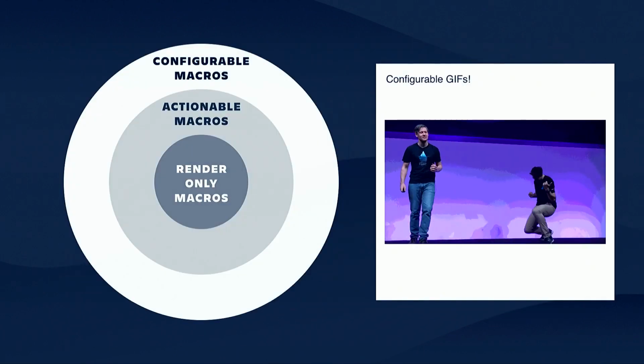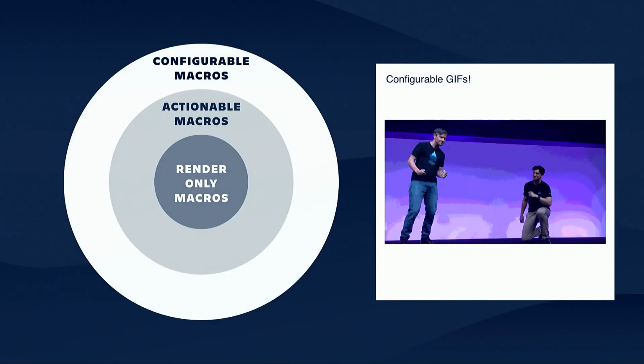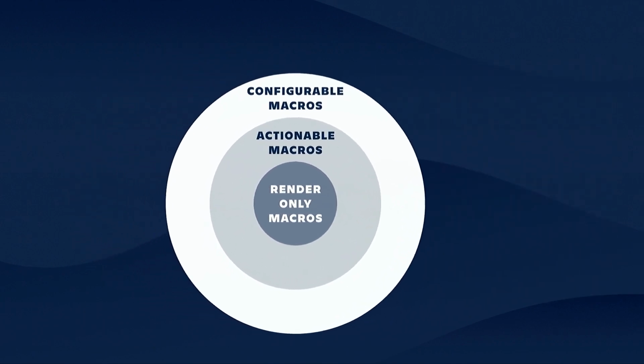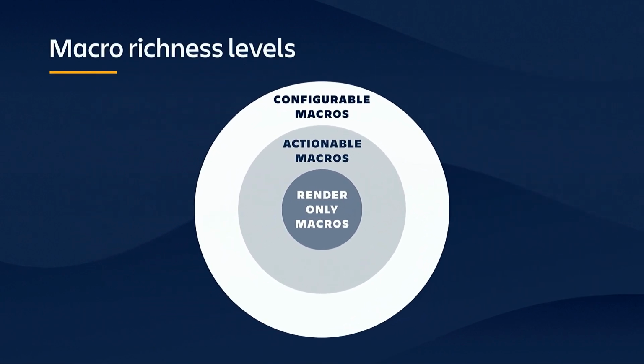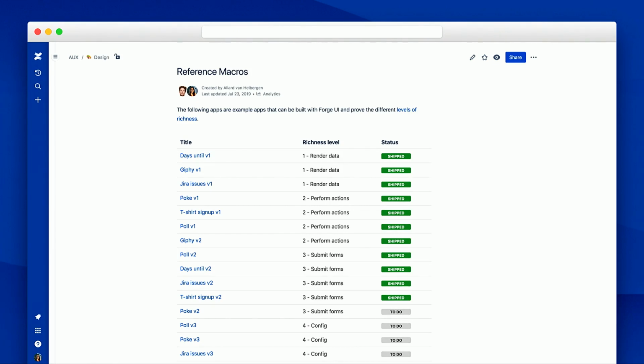So back to where we were with our macro levels. We called these our macro richness levels, and this allowed us to think of building macros and components iteratively. Once we had our macro richness levels, we then took our original list of diverse macros that we used in the first 2 workshops, and we were able to fit them into each of these levels.